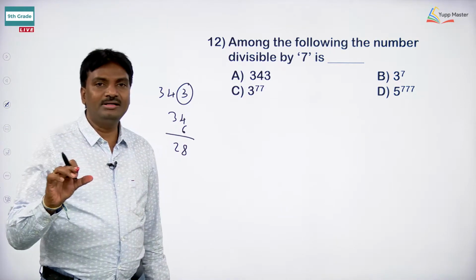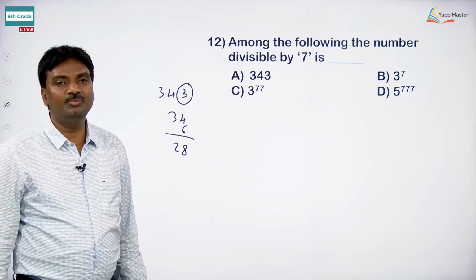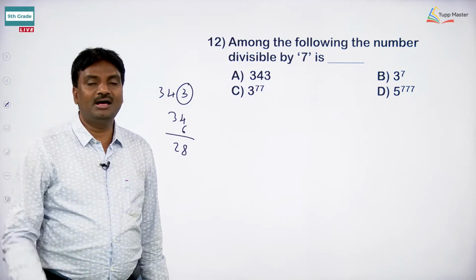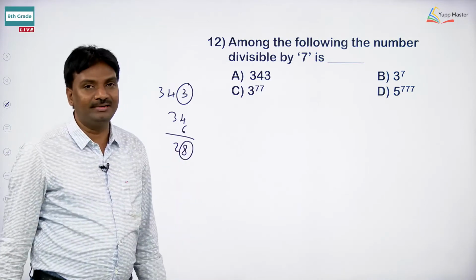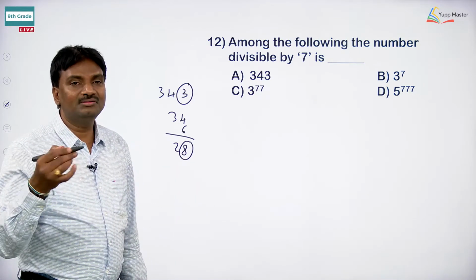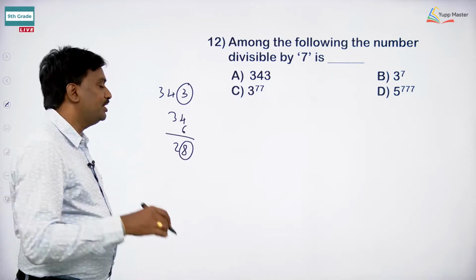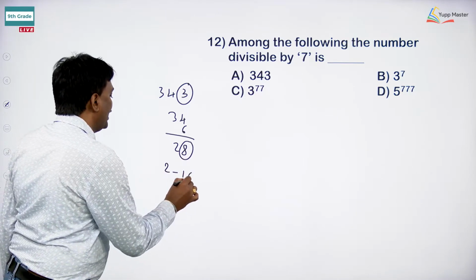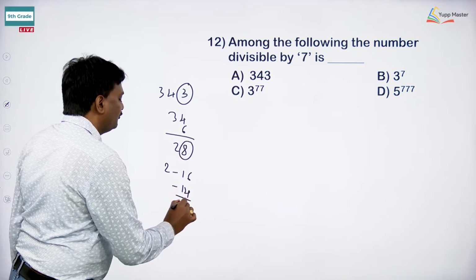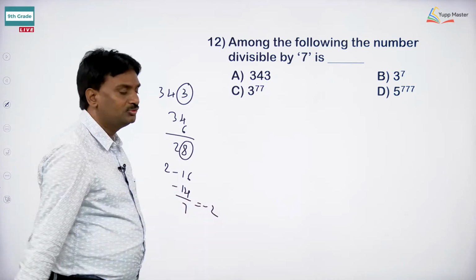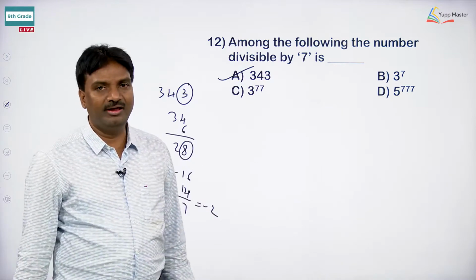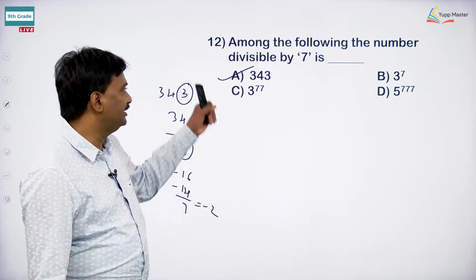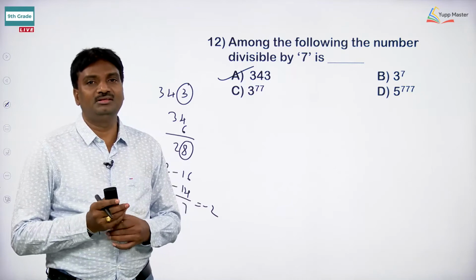It is clear that 28 is divisible by 7. Let us also apply the rule again: the number in units place is 8, double the number 8 means 16. Subtract 16 from 2, that is 2 minus 16, which is minus 14. So option A is the correct option for the given problem.